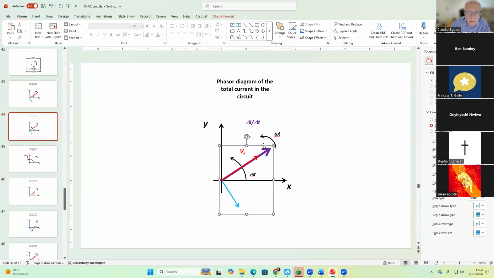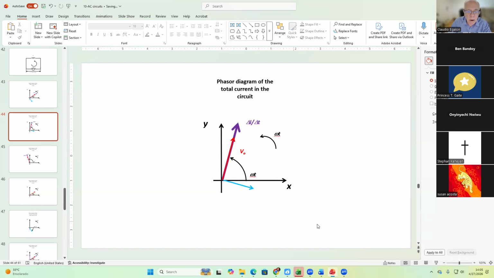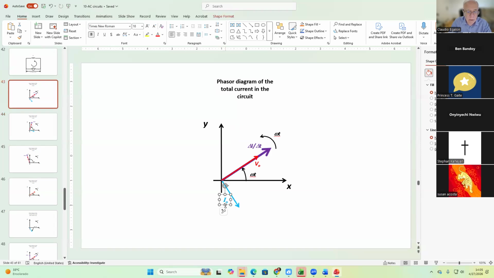I'm going to eliminate this one, and I'm going to rotate this one. Here we go. V naught. I've got to put the I naught there. I don't have I naught. Oh, I do have I naught here.